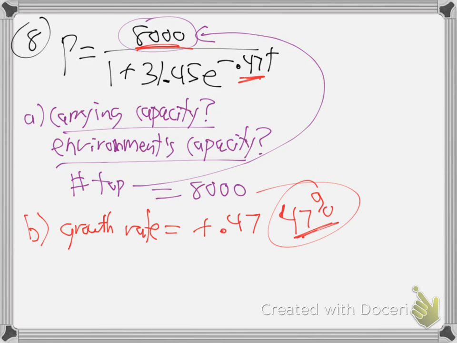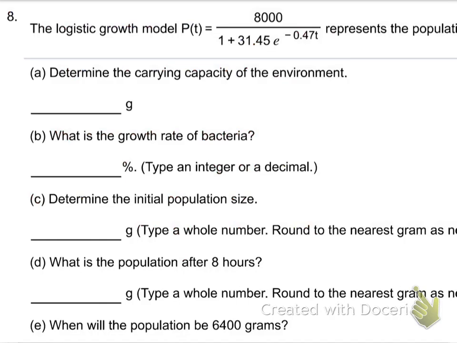So that's where you put the growth rate. If you notice that every hour the bacteria population goes up by 47%, then you would put negative 0.47 in the bottom, and that would make the math do that.